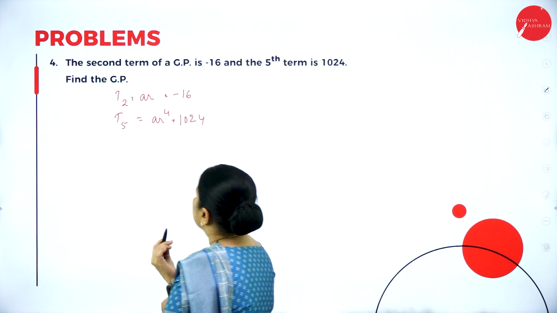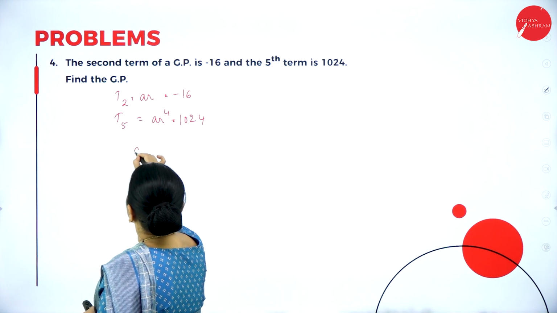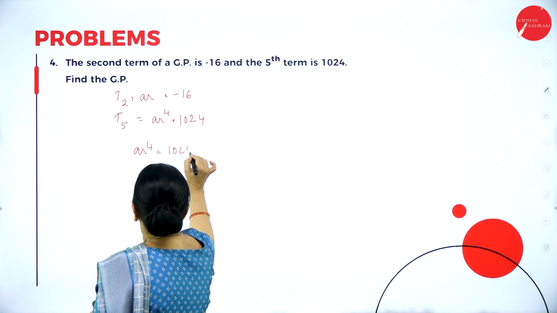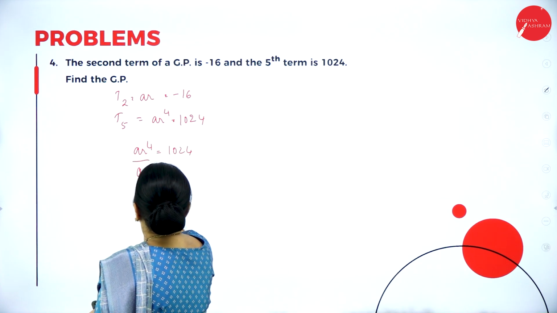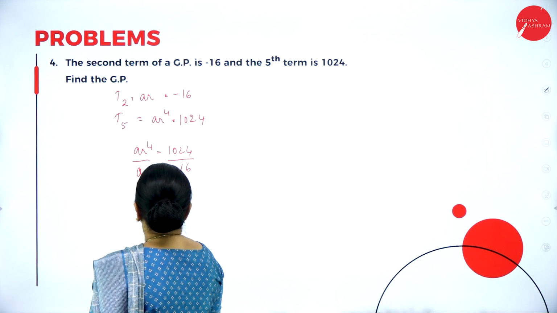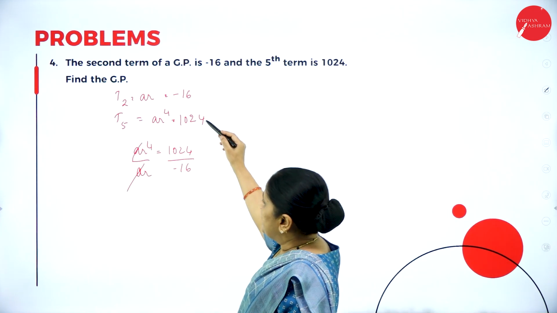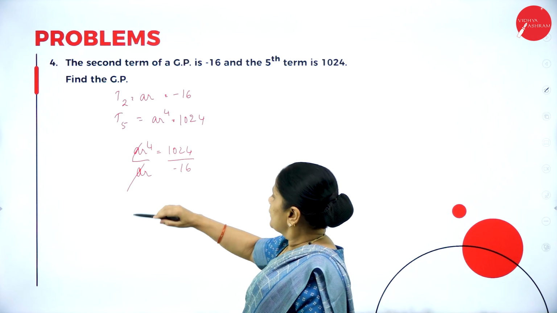So we have to find the GP. So I'll just divide AR to the power 4 equals 1024, AR equals minus 16. A and A get cancelled. I am dividing the second equation by the first equation.